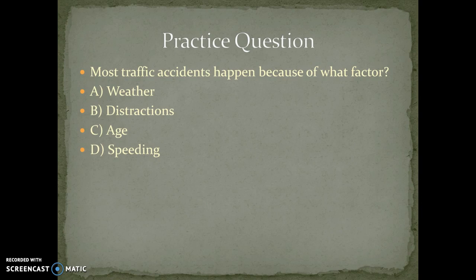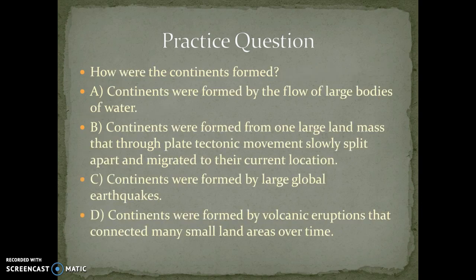And the other thing to think about here is all of these could be contributors to traffic accidents. We're just looking for the one that's the most. And so paying attention to those qualifiers, what the question is actually asking, and what the options are, all very important in multiple choice tests.